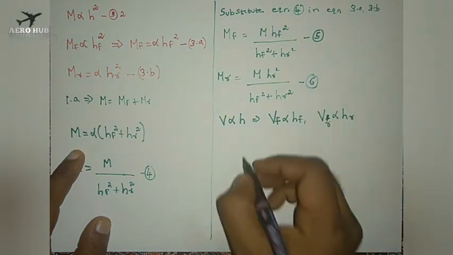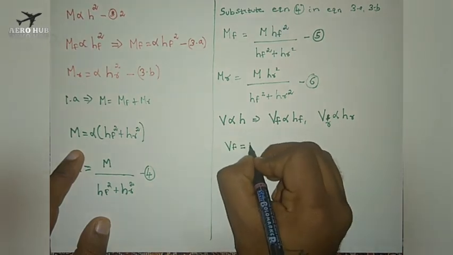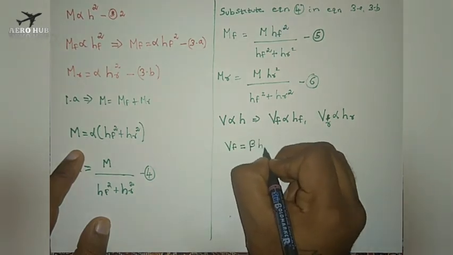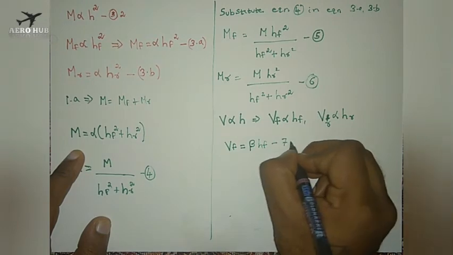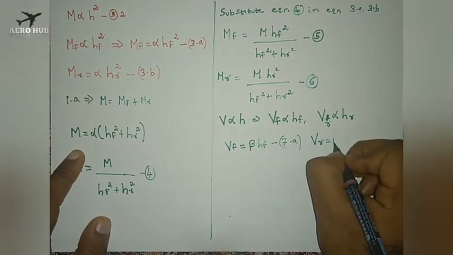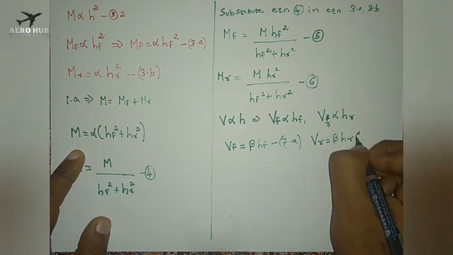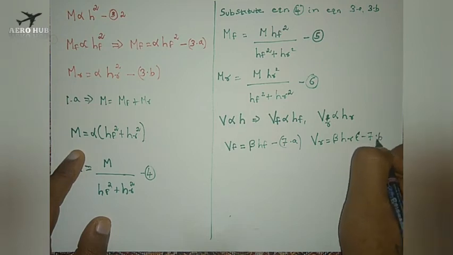So I can write VF is equal to a constant beta into HF, equation number 7A, and VR is equal to beta into height HR, equation number 7B.